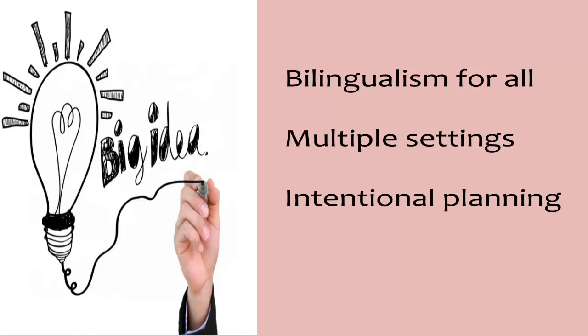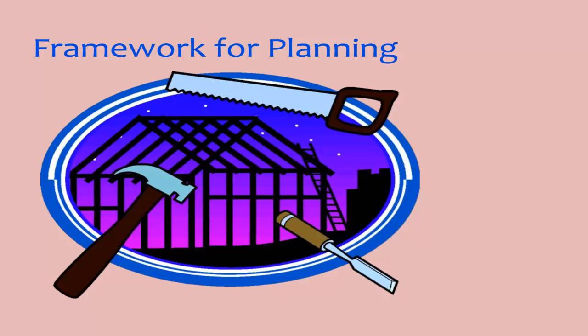The third big idea is that teachers need to intentionally plan for these groups of students so that bilingual learners can access both the language and the concepts of the academic curriculum. We need a framework for planning to make sure bilingual learners can access the content curriculum and the language needed to demonstrate their knowledge. Planning should take into account all students' proficiency in the language of instruction.